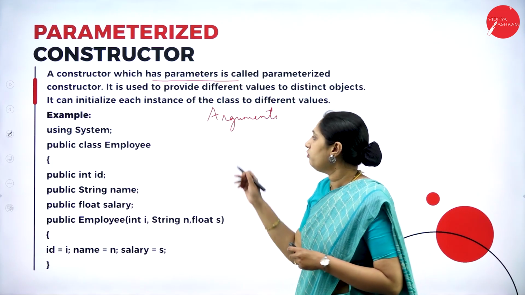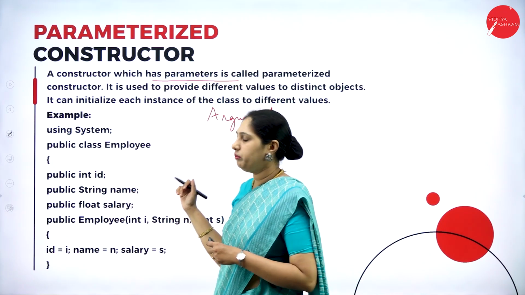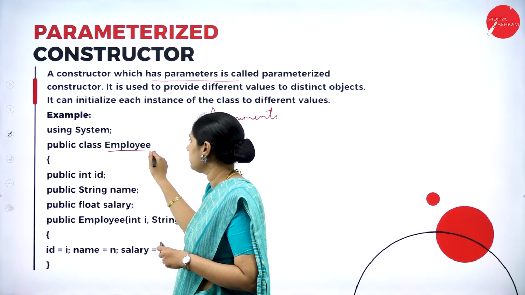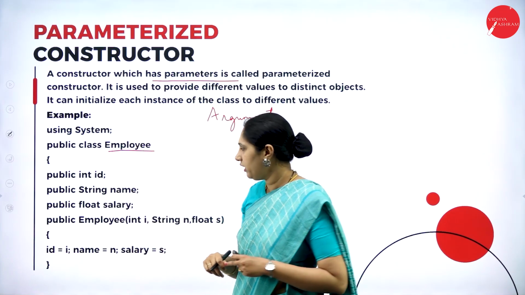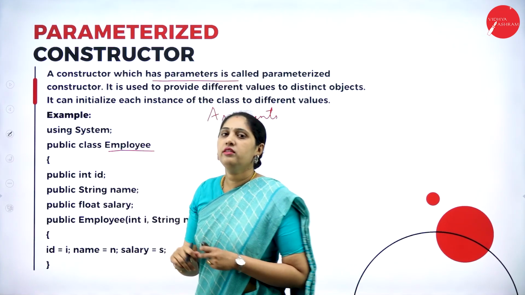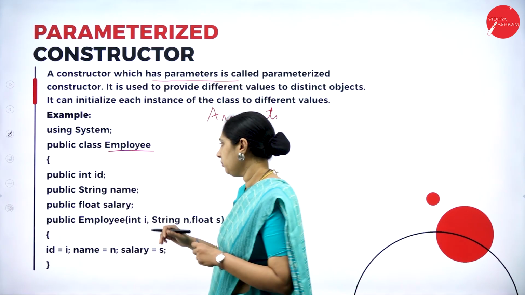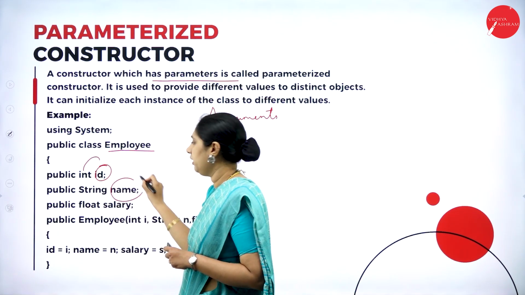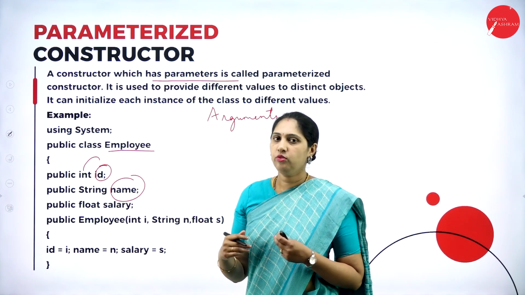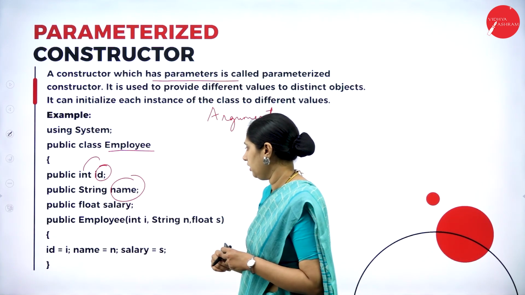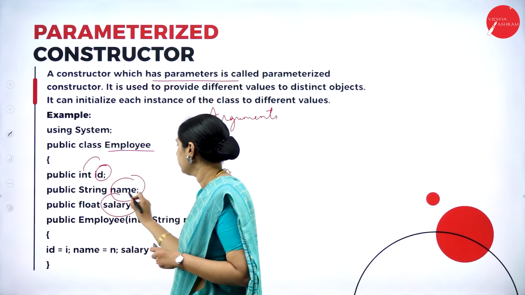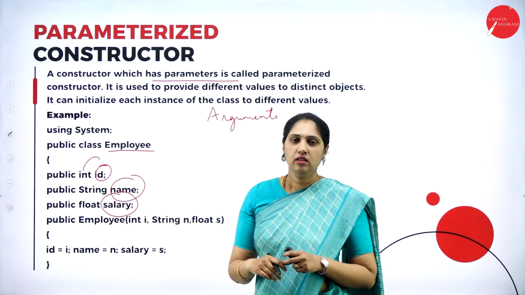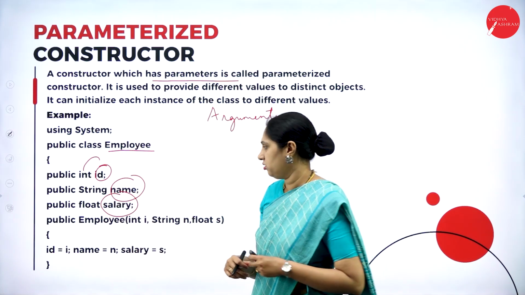Then we'll go to this example, the same example which we have taken previously, the Employee class. We have defined some data members. What are the data members? ID, that is of type integer. Name, usually a string. Our names don't have any numbers, so it is string. Then salary. Salary is float. If it is a whole number, you can give integer.